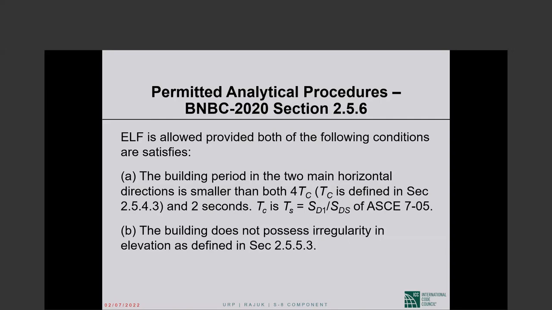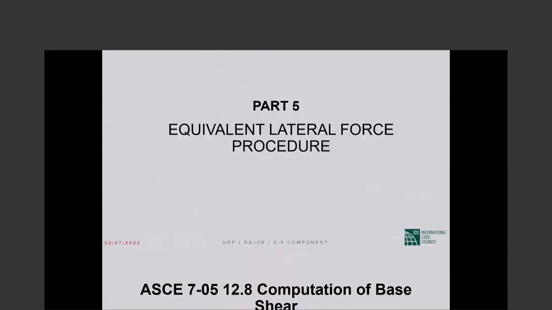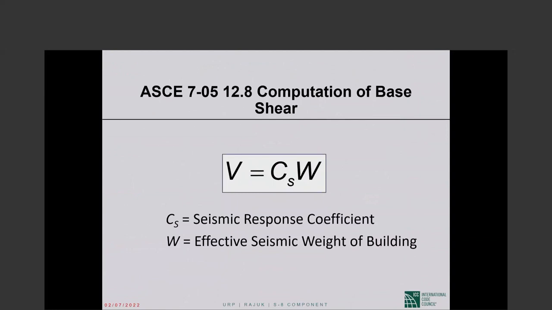That's kind of interesting. Okay. No vertical irregularity. So those are the conditions under which ELF will be allowed by BNBC 2020. It's a little different from ASCE 7-05. Okay. Now we start getting into the equivalent lateral force procedure.